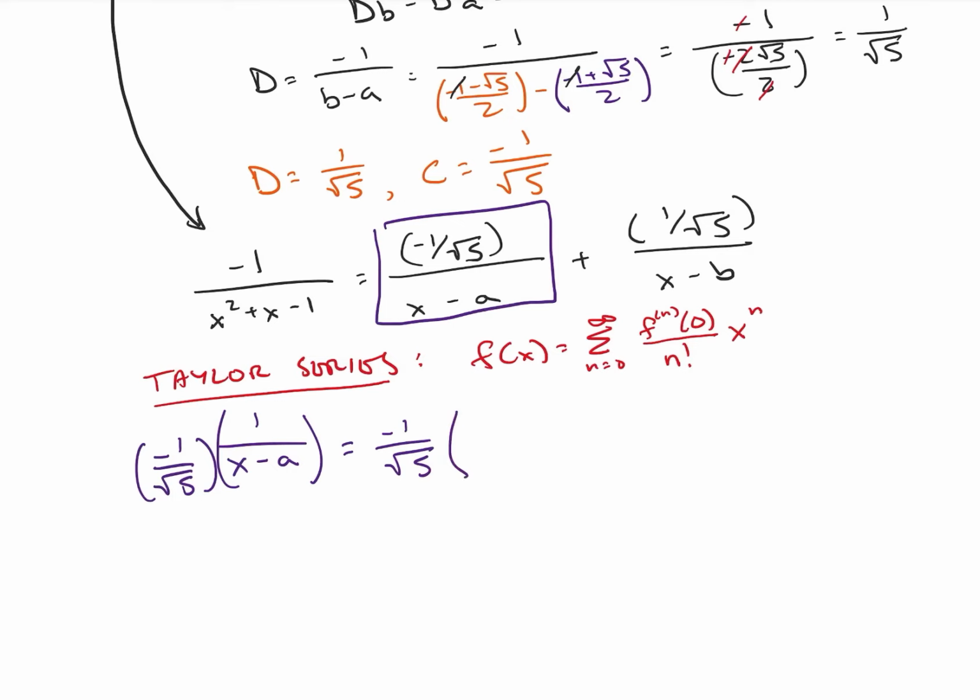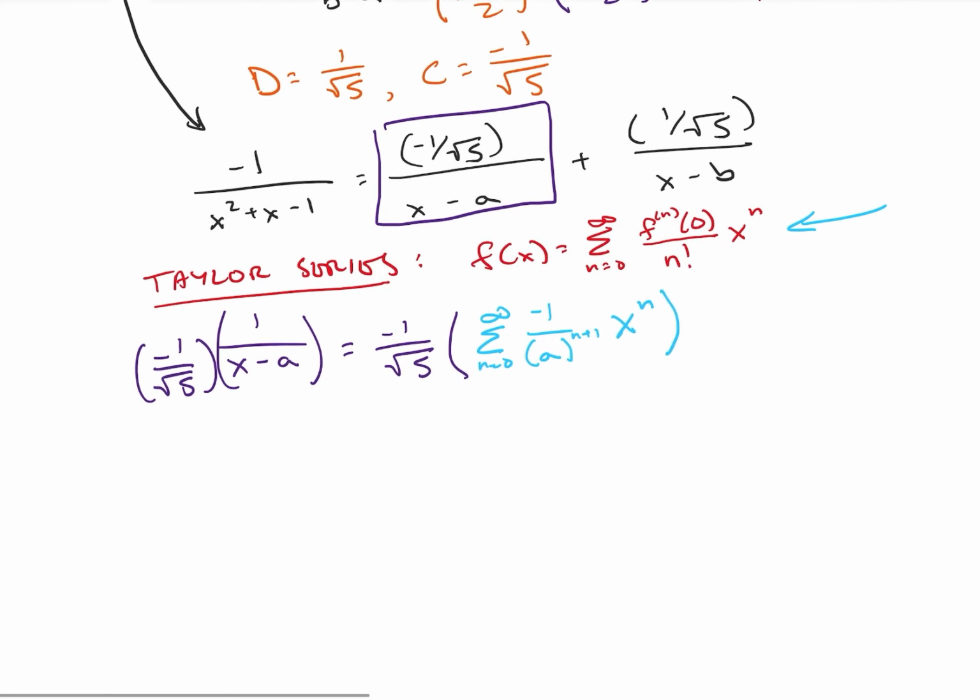And then for that second part, when we go through this, we're going to end up taking the derivatives, and ultimately what we'll end up with is the sum from n equals 0 to infinity of 1 over a to the n plus 1, and this is negative, times x to the n. That's if we go ahead and execute this Taylor series equation. I'm skipping a little bit of a step there.